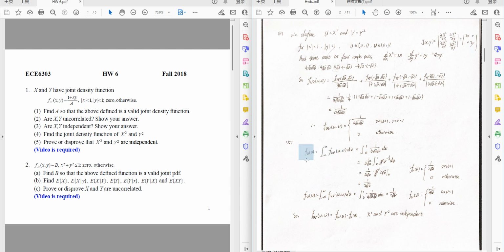So we calculate the marginal density function of u by integral, which is this, and v is this. And we can see that the joint density function is equal to the product. So x squared and y squared are independent.